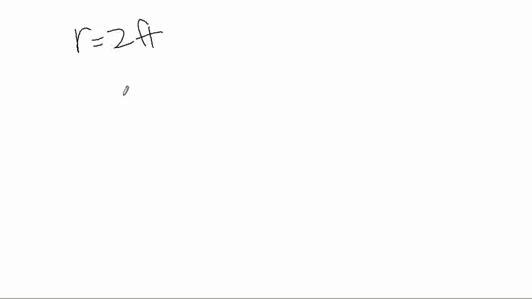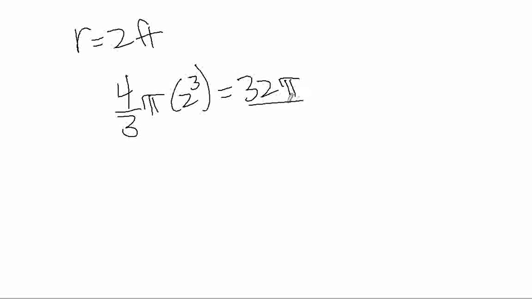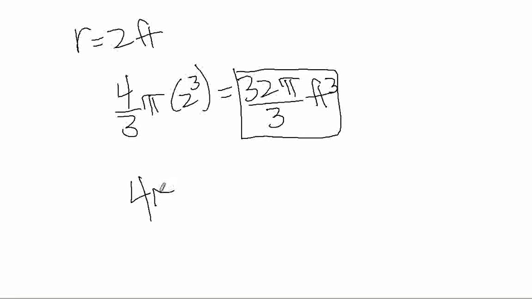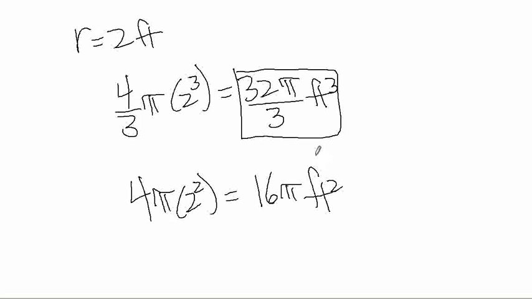First the volume, 4/3 pi times 2 cubed. That gives 32 pi over 3 cubic feet. And then for the surface area, 4 pi times 2 squared, that gives 16 pi square feet.